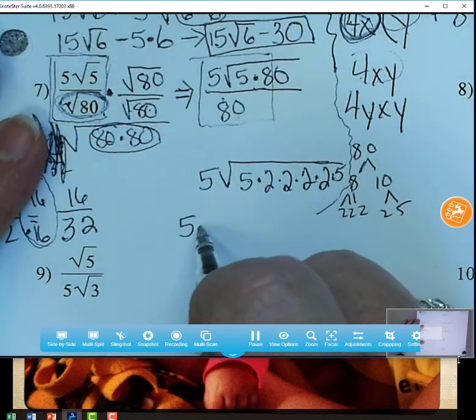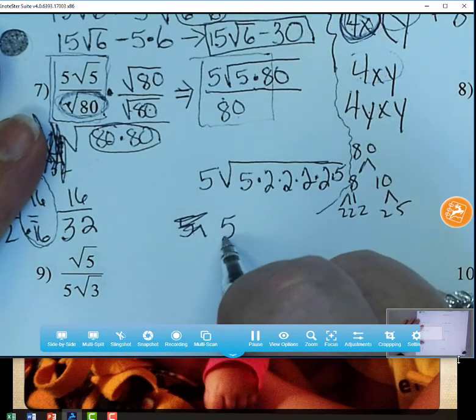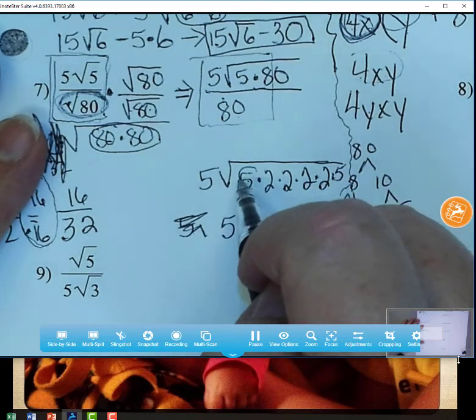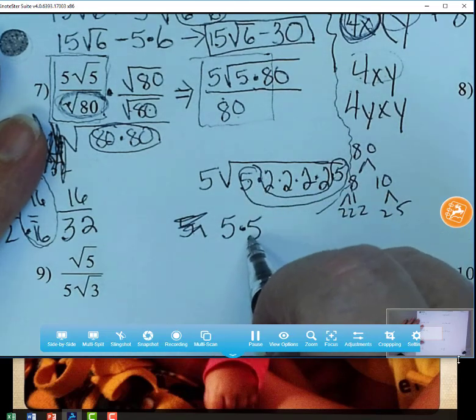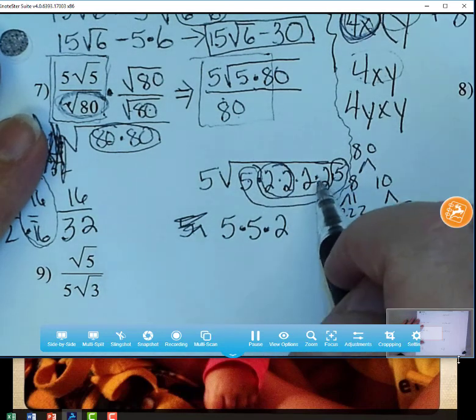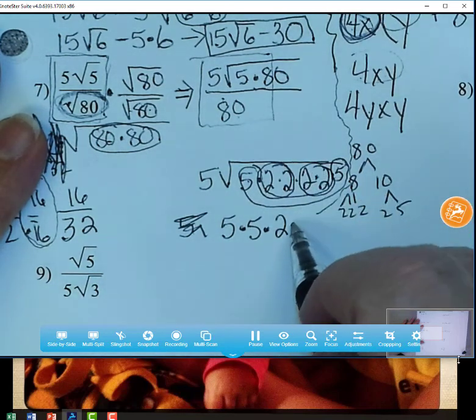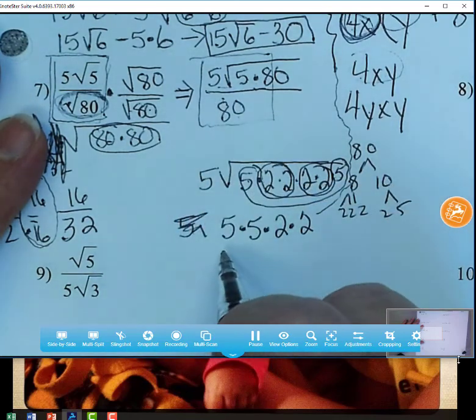So I have 5 times, here is a group of 5s. Here's one group of 2s. Here's another group of 2s. And don't forget, all of that was still over 80.